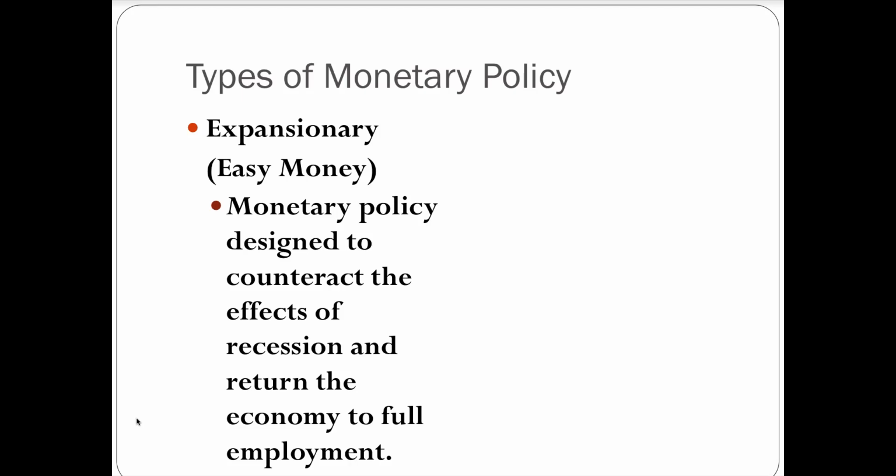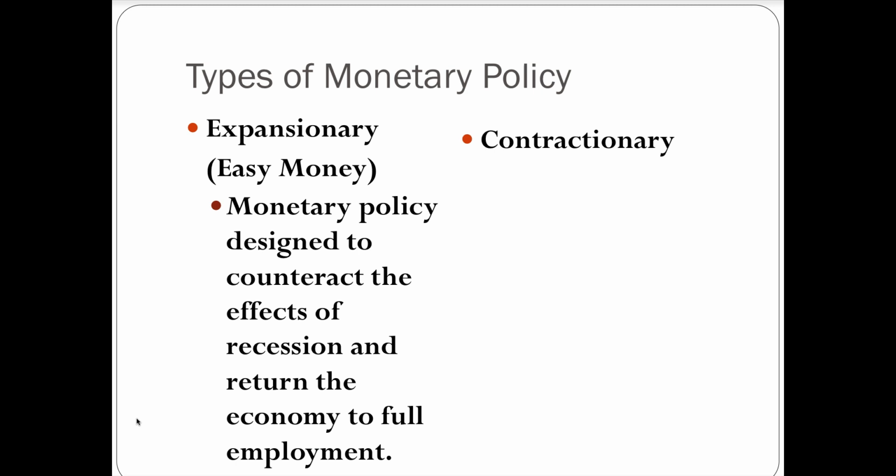This is going to drop nominal interest rates, which is going to encourage investment as well as consumption. So think about how with an expansionary monetary policy, you have easy money. There's lots of money in the economy, so money's cheaper to lend, and so that's going to drop nominal interest rates.